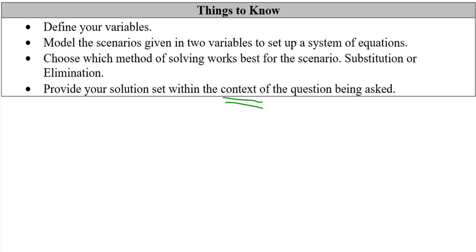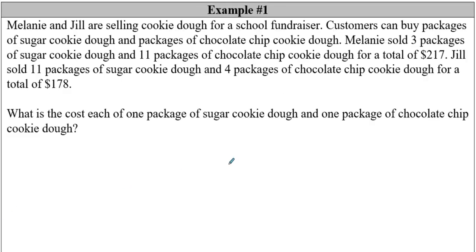All right, so I got a few examples to get through. I'll try and make this quick. So our example number one, it says Melanie and Jill are selling cookie dough for a school fundraiser. Customers can buy packages of sugar cookie dough and packages of chocolate chip cookie dough. It says Melanie sold 3 packages of sugar cookie dough and 11 packages of chocolate chip cookie dough for a total of $217.